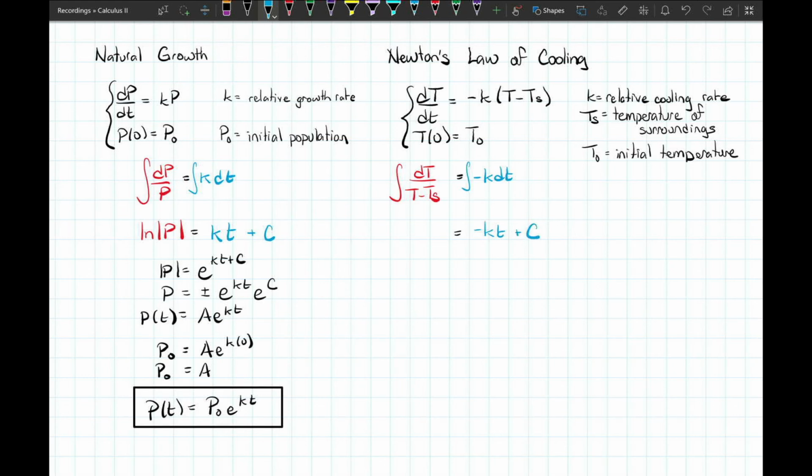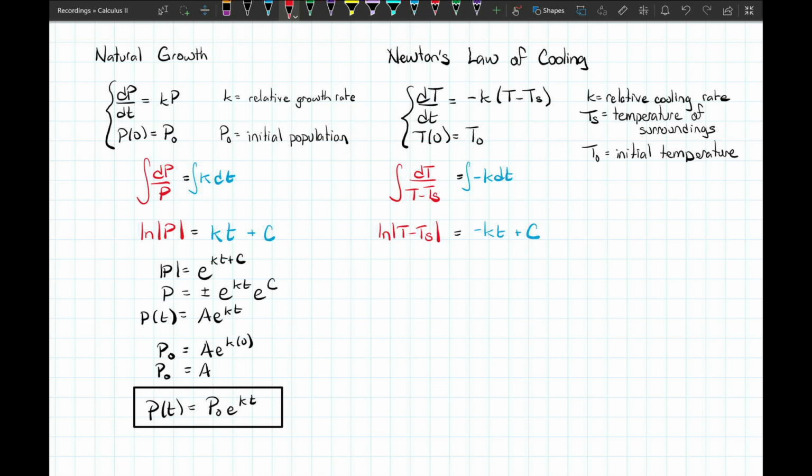However, on the left-hand side, we'll have to use a quick substitution and let u equal T minus Ts. Well, that gives us 1 over u du, which has an antiderivative of natural logarithm of absolute value u, and putting our substitution back in, this gives us the natural logarithm of the absolute value of T minus Ts.